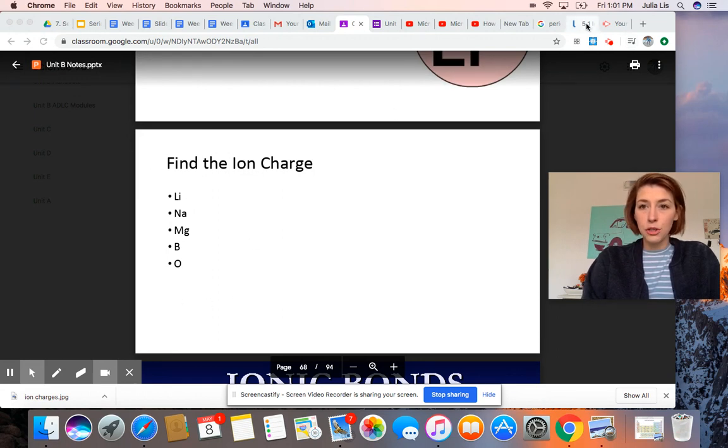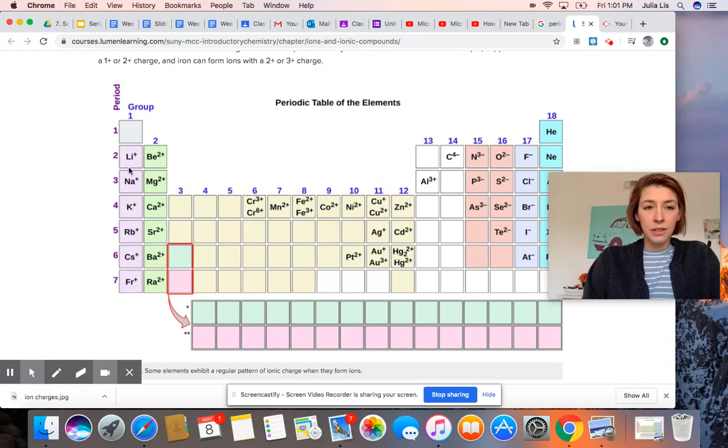But I wanted to show you that for lithium, Li, its atomic number is 3. So it would have 3 protons to make it positively charged by 3, and then it would have 3 electrons orbiting the nucleus.